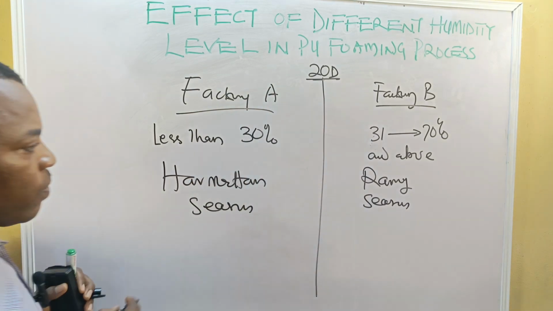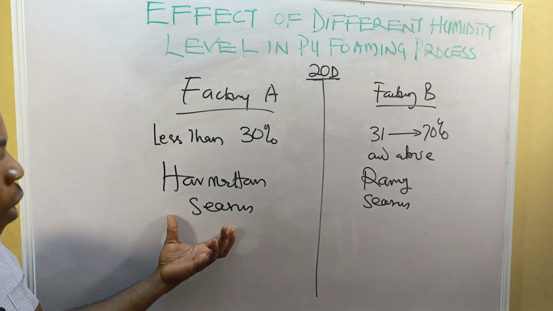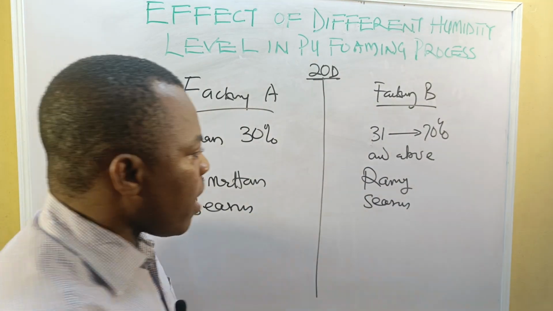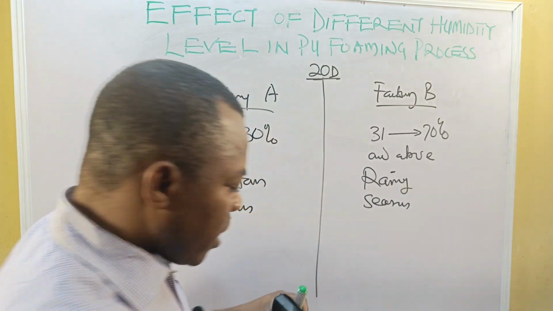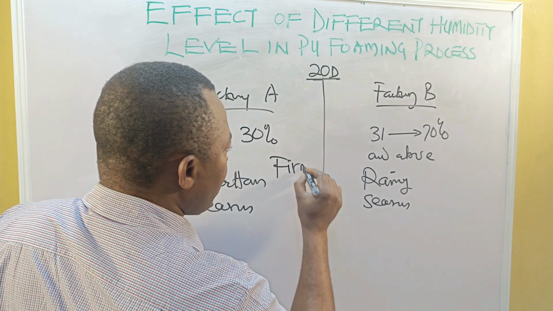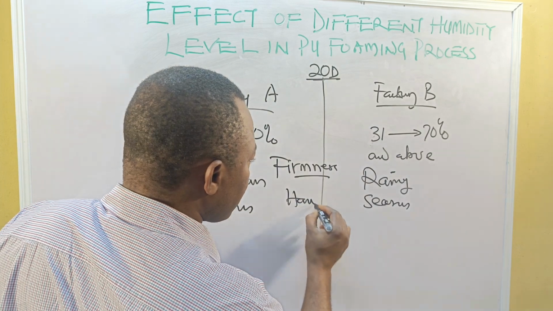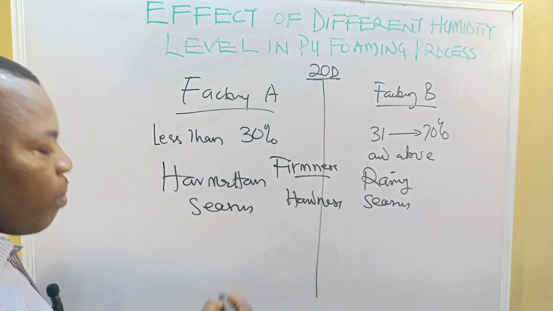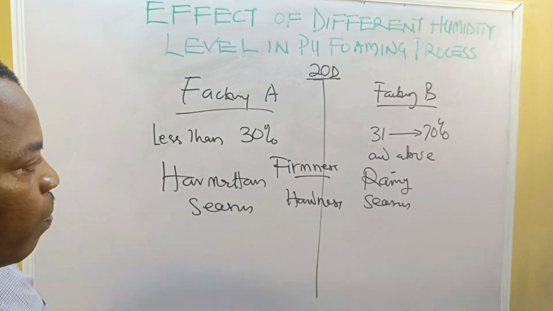So foam produced during Harmattan season and foam produced during raining season are not always the same in terms of firmness, that is hardness of the foam. I told you that hardness is nothing but the resistance to the pressure of that foam.